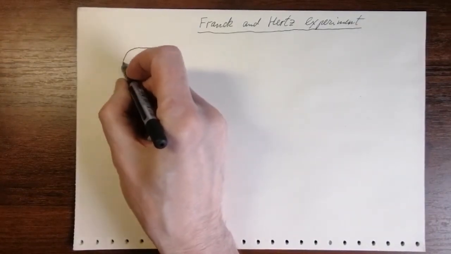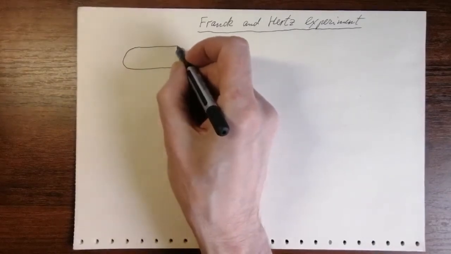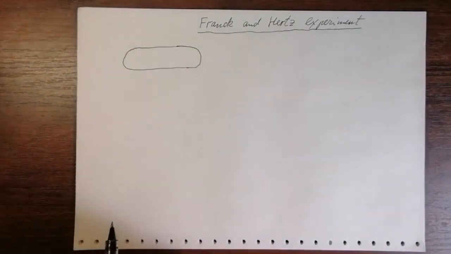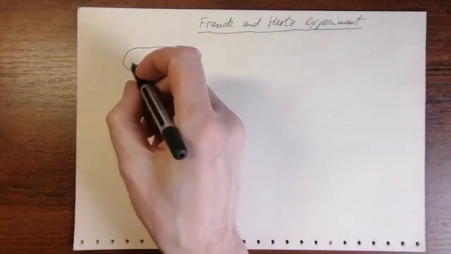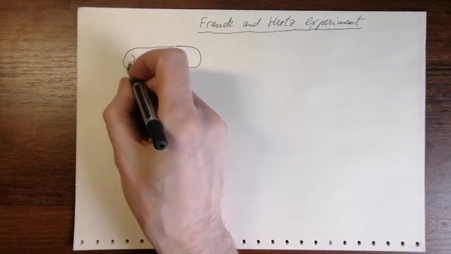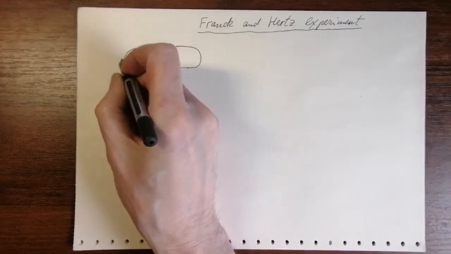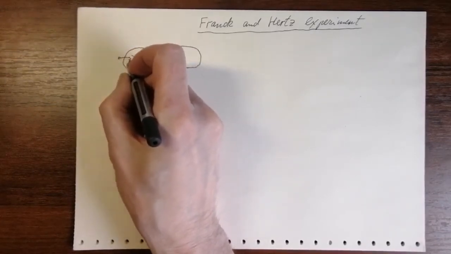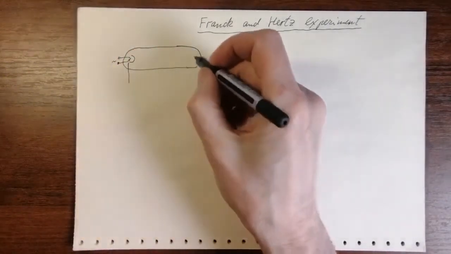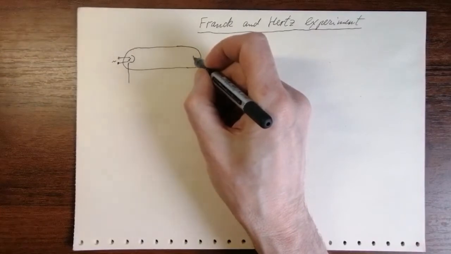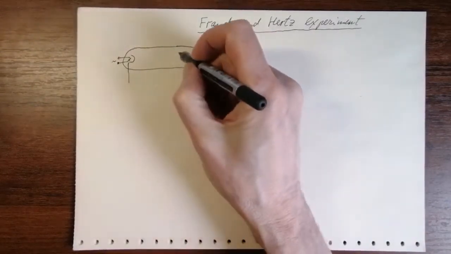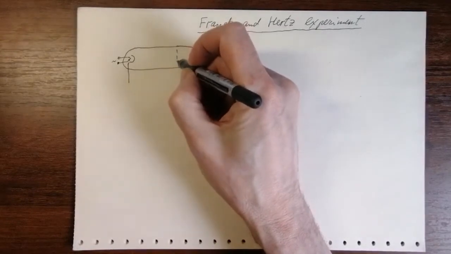They had a tube filled with mercury vapor at low pressure, and there was a cathode with heater. Here was the anode, and somewhere here there was a grid.